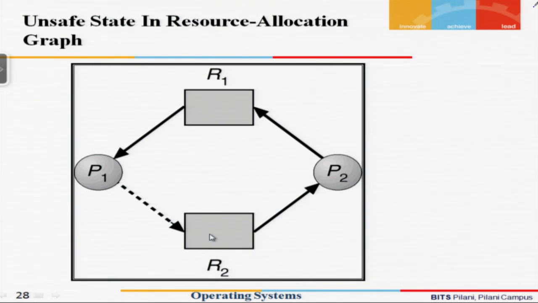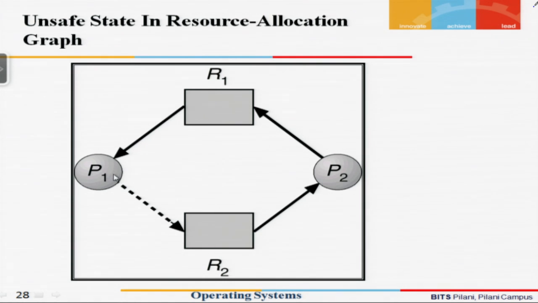Now in this case, we can very clearly see that if P1 makes a request for the R2 resource, and this claim edge is converted to a request edge, then there is a cycle, and because of the cycle there is going to be a deadlock.